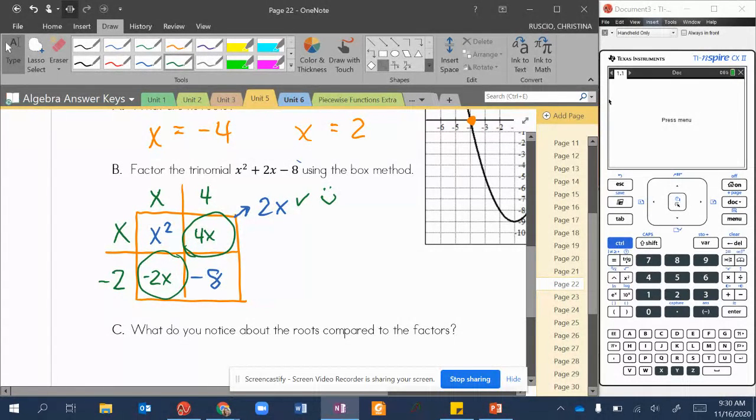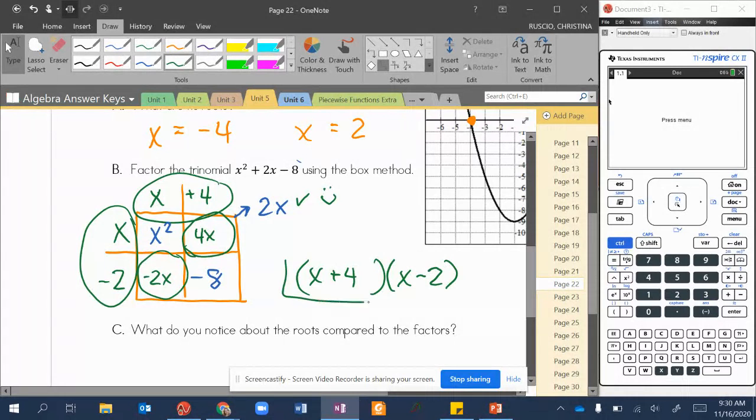Wow, we are so amazing and happy. So my final answer, we're going to take this side and write it as a binomial times a binomial. So x plus 4 all times x minus 2 is equivalent to this binomial here.